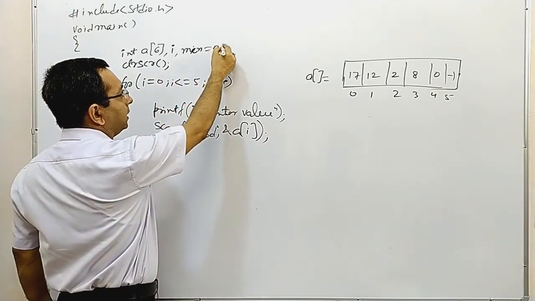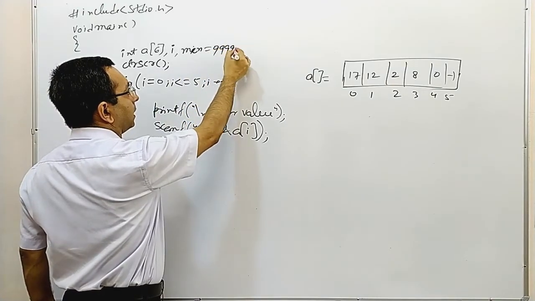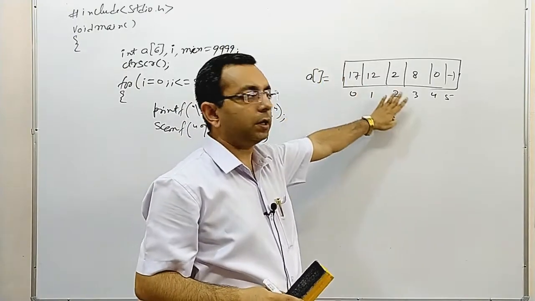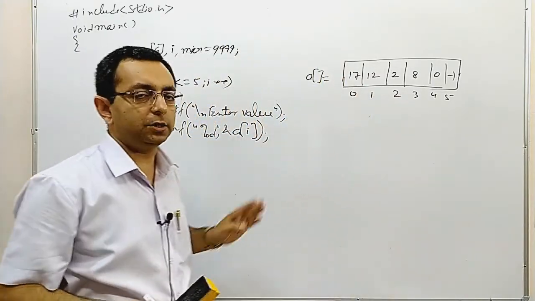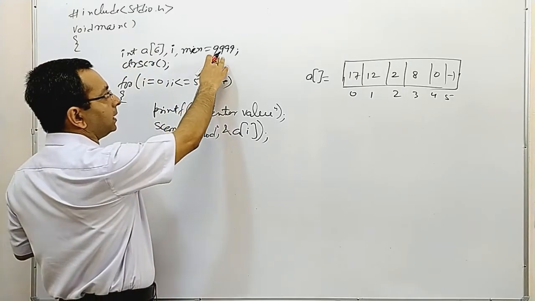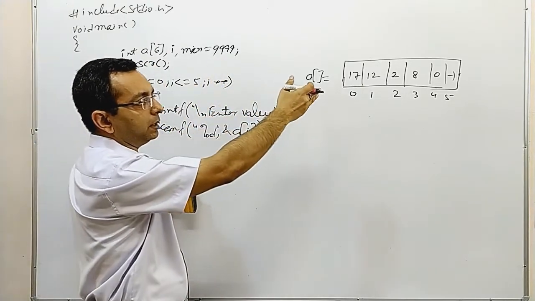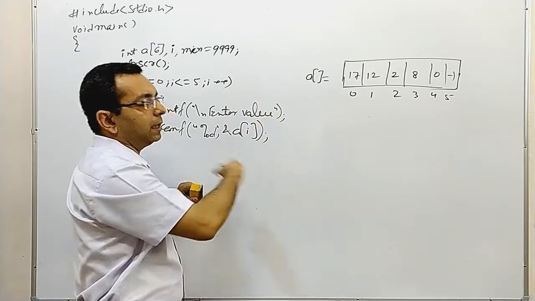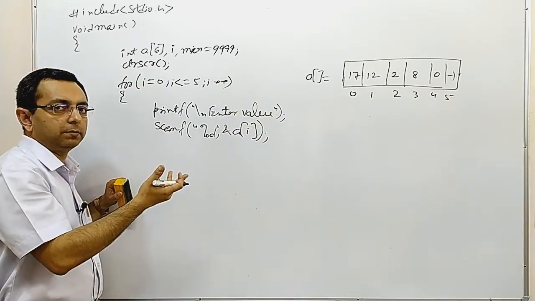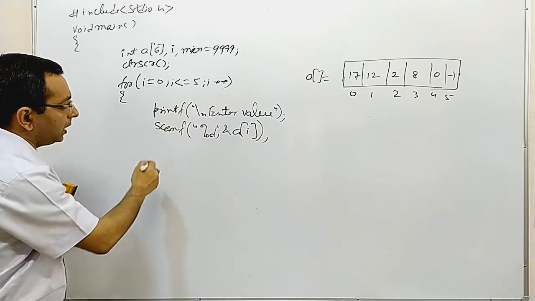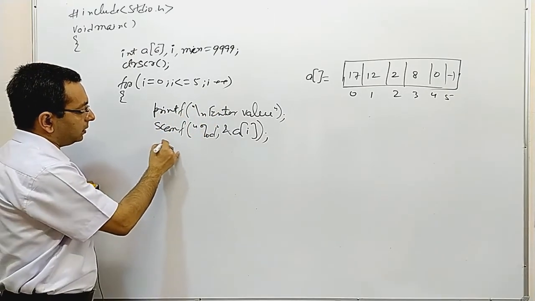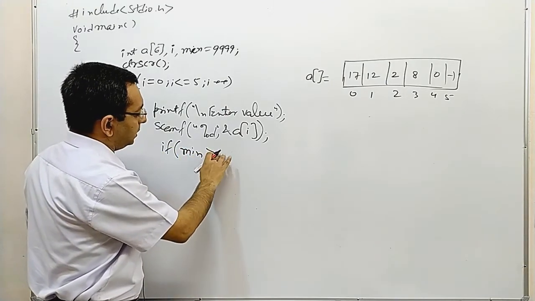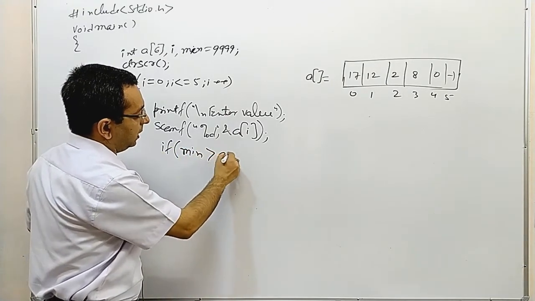So we take 9999, assuming that this number is not available in this array. We are just assuming. By comparing this number with the other numbers present in the array, we can calculate the smallest number. This is one method.